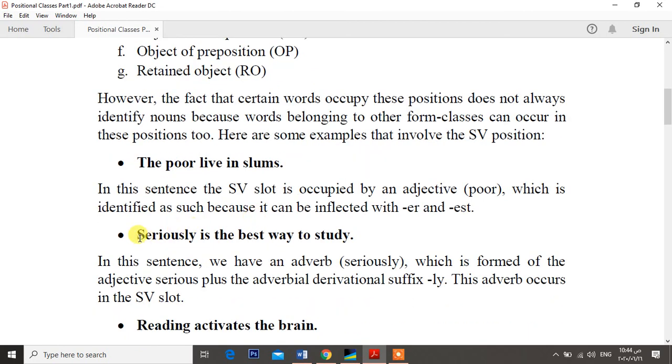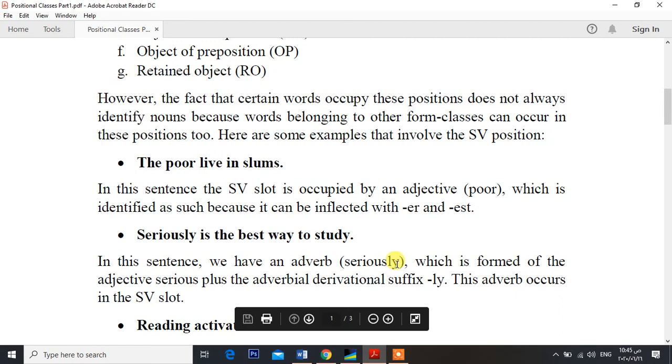The second example: seriously is the best way to study. In this sentence, we have an adverb, which is seriously, and which is formed of the adjective serious plus the adverbial derivational suffix ly.